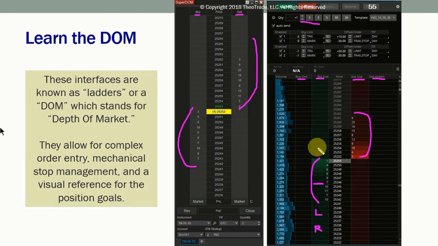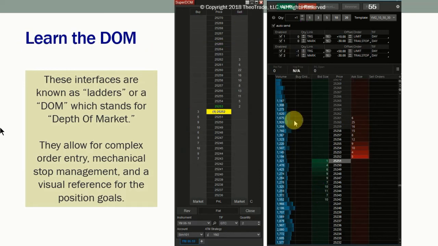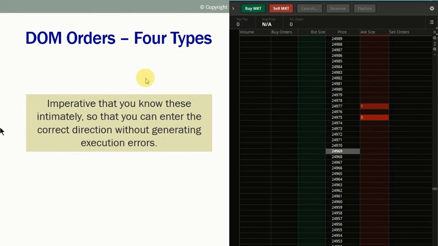But on this one it's almost impossible to put a wrong fill into the Active Trader. So you've got to learn the dome. That's one of your assignments here. There are 4 types of dome orders. Now, here's the current price. This is where the price is right now.